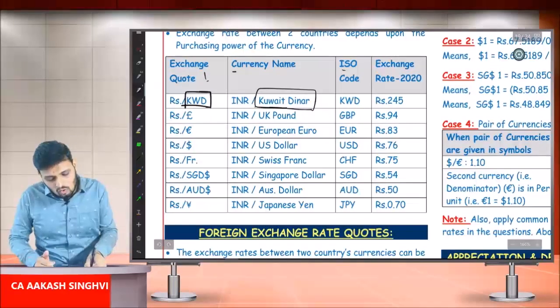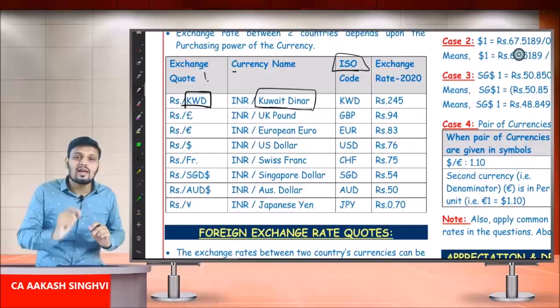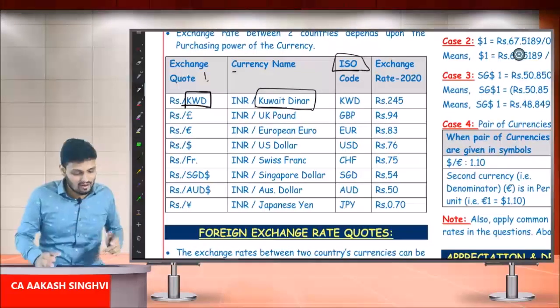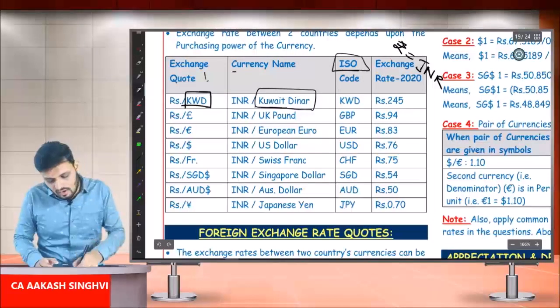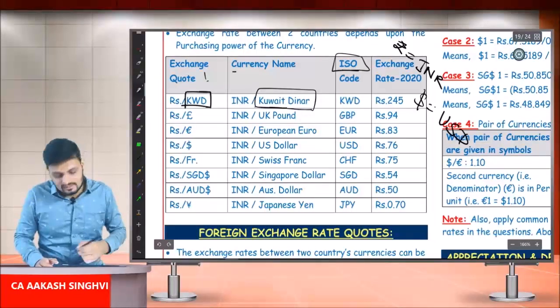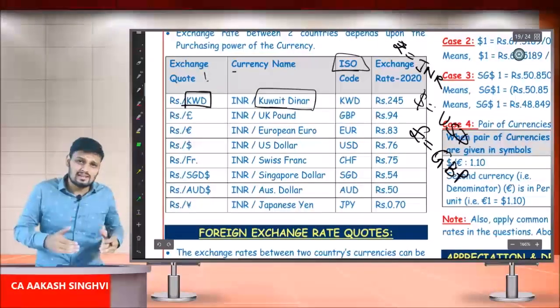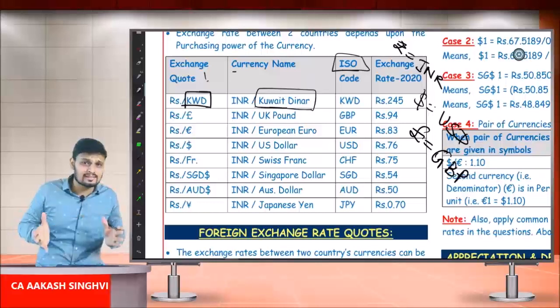Now, the ISO code. The ISO code is nothing but every currency is denoted in 3 letters. For example, the rupee we denote as INR, the dollar as USD, and the pound as GBP. So every currency has one ISO code, and this ISO code is universally accepted.